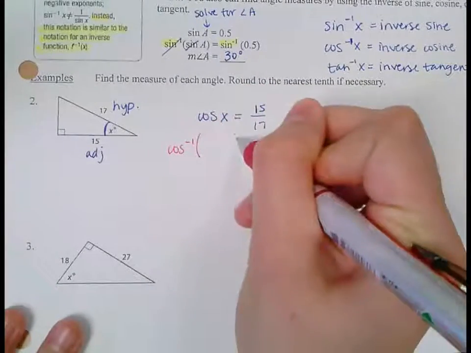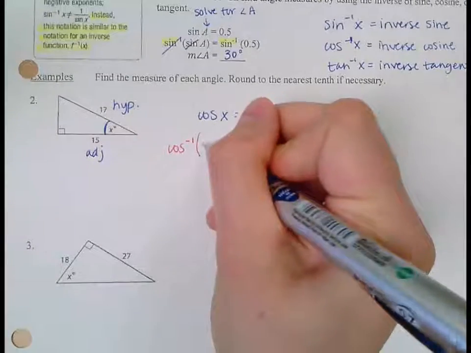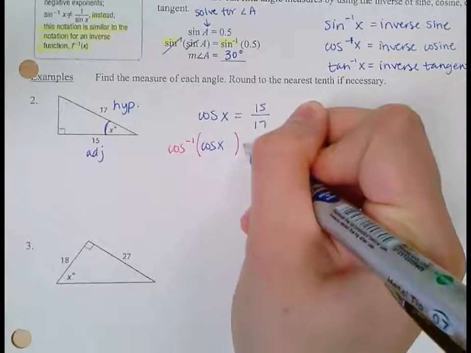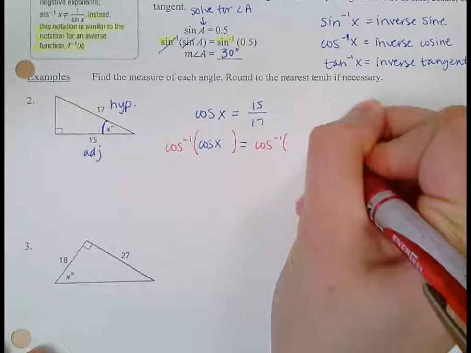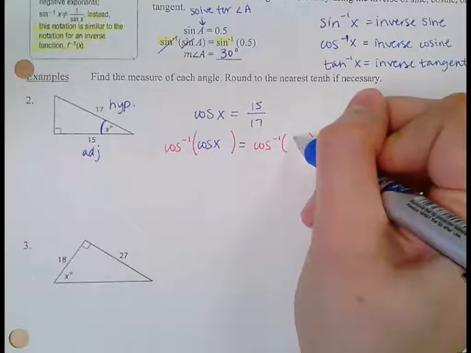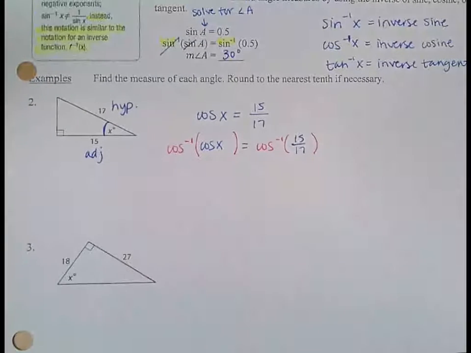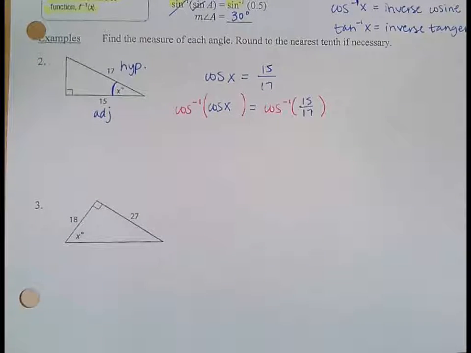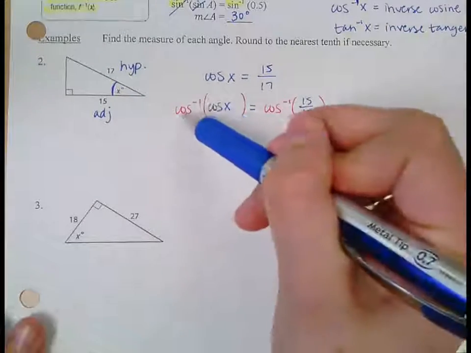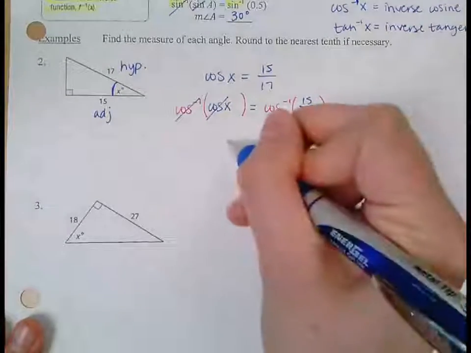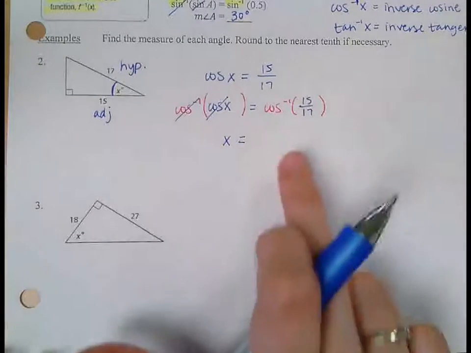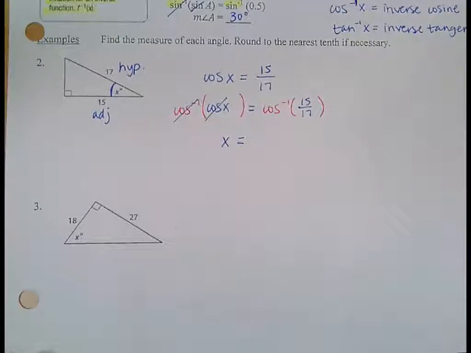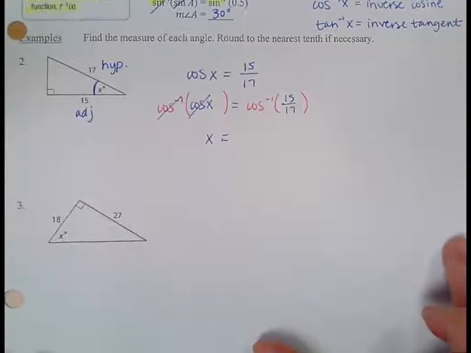So inverse cosine of cosine x will equal inverse cosine of 15 over 17. And on the left side, the inverse cosine and cosine cancel out, so you're just left with x because they're inverses. And then in the calculator, we calculate what inverse cosine of 15 over 17 is.